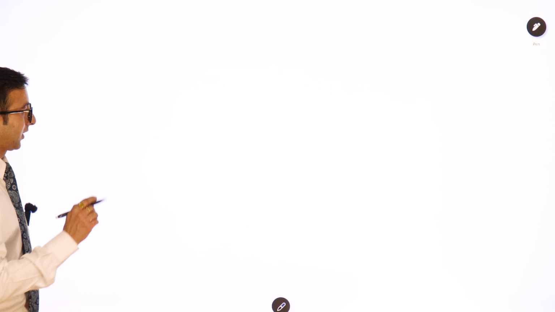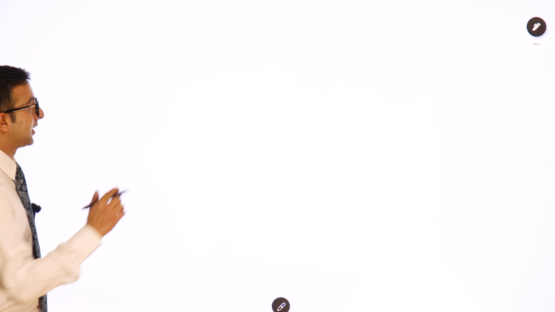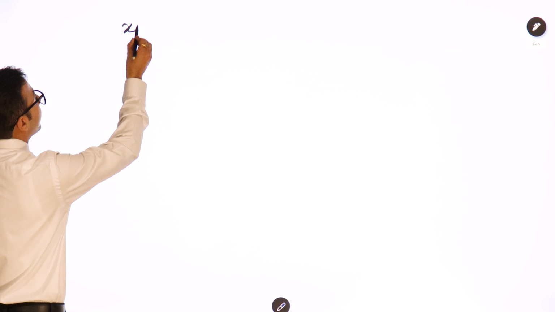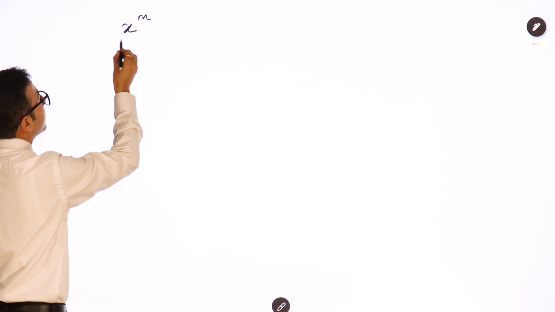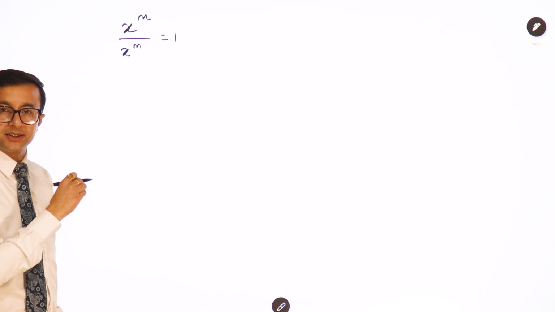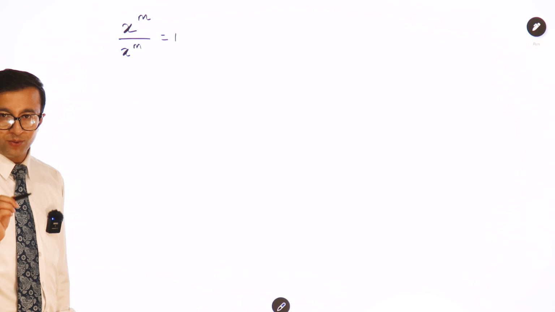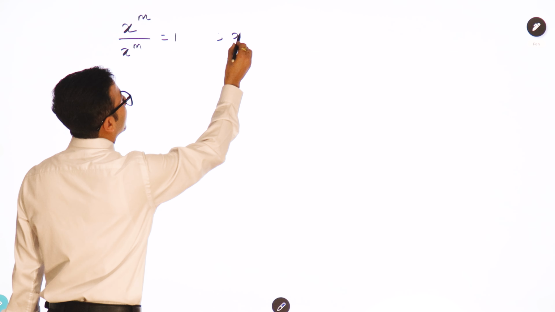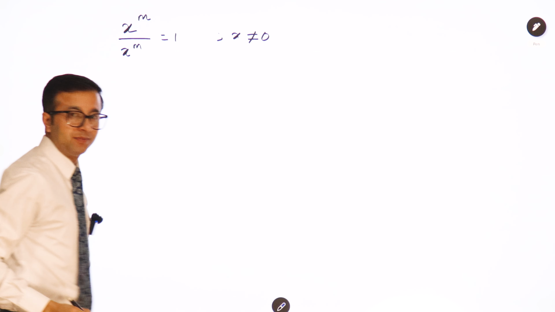So to understand this, first of all, we will see one simple result. Just look at here. If I have written x to the power m divided by x to the power m, is it equal to 1? Yes, it is equal to 1, but on one condition, that this x should not be equal to 0.